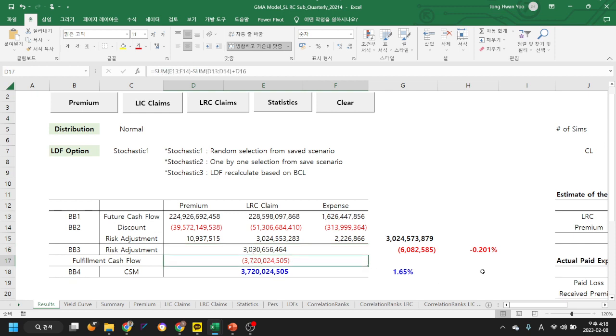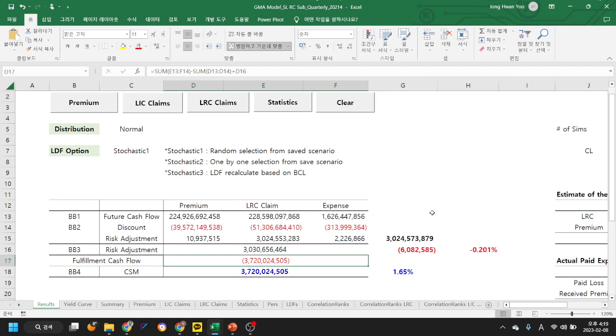Negative means what? That is a net inflow. So this is a non-onerous group of contracts, and that figure is going to be turned into a positive, and that's the initial CSM.